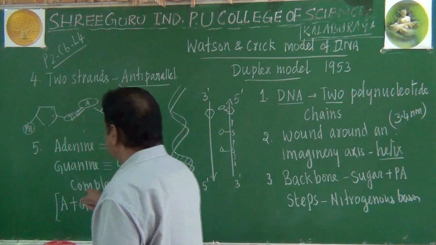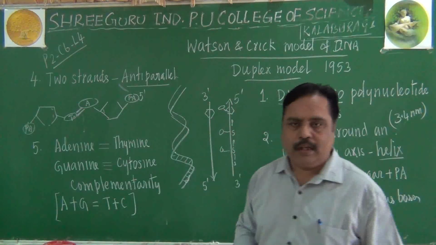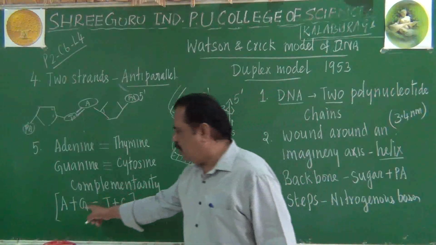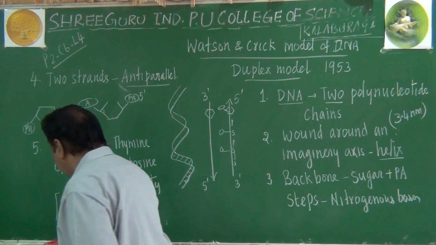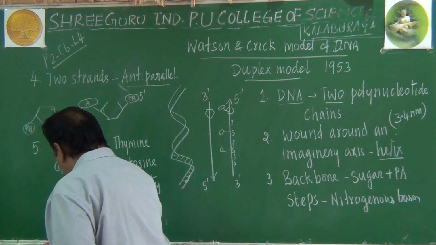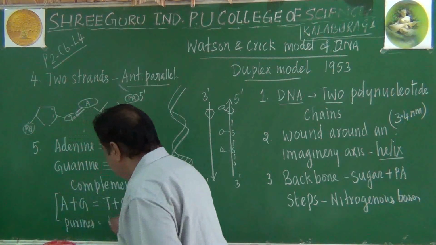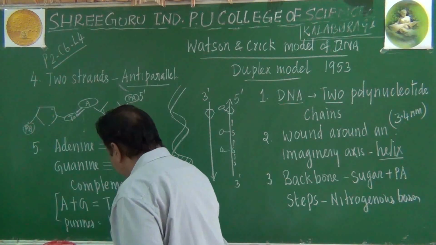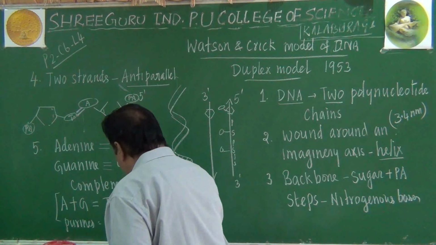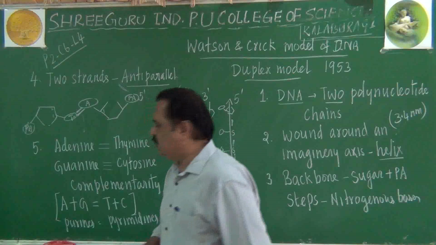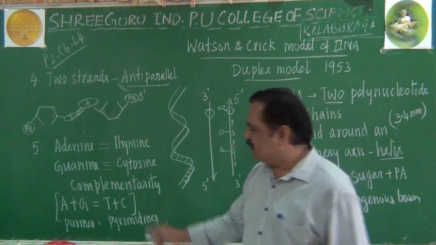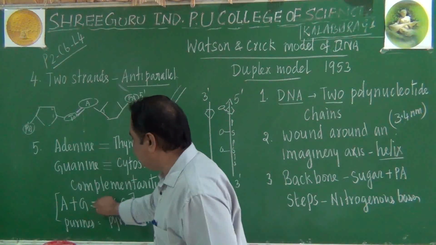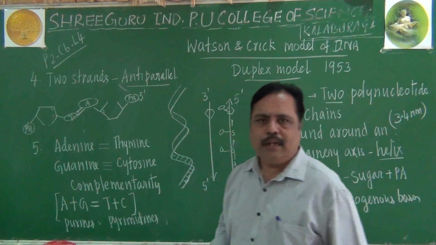Remember this point. Adenine and guanine are purines. Cytosine and thymine are pyrimidines. So adenine plus guanine is equal to cytosine plus thymine. This is called complementarity. Remember this point.